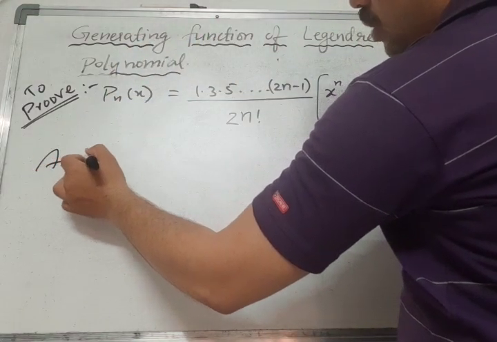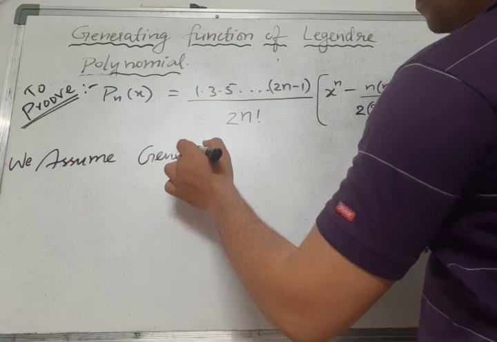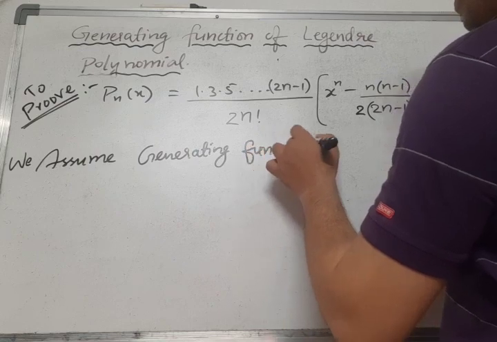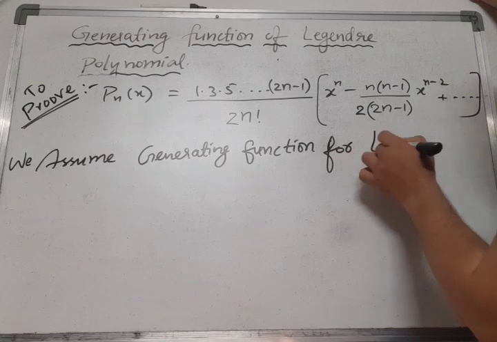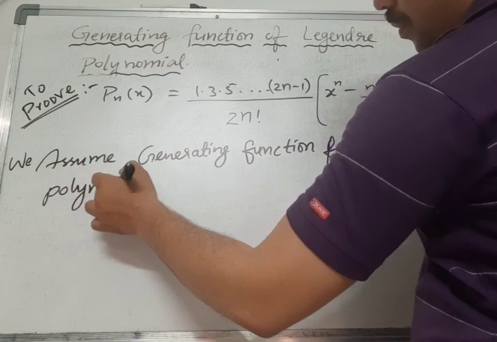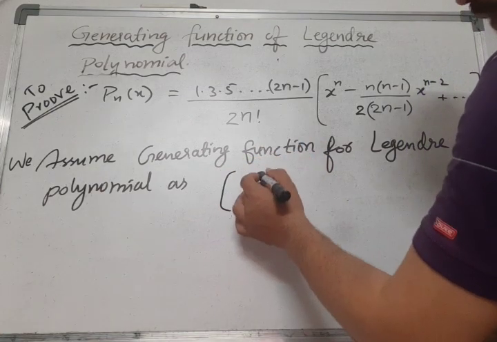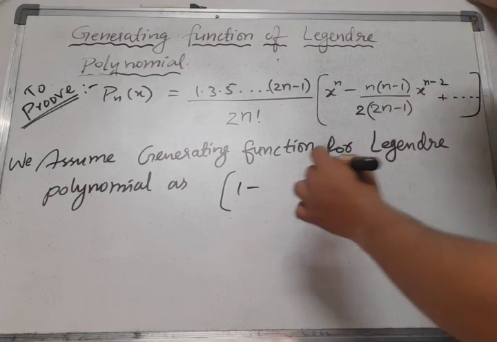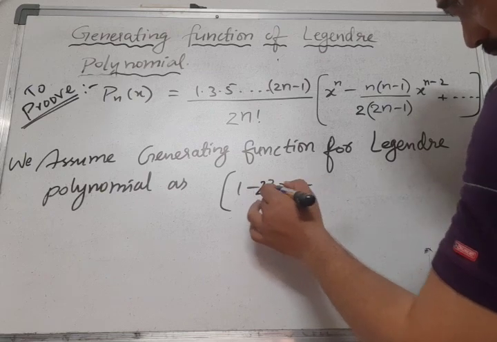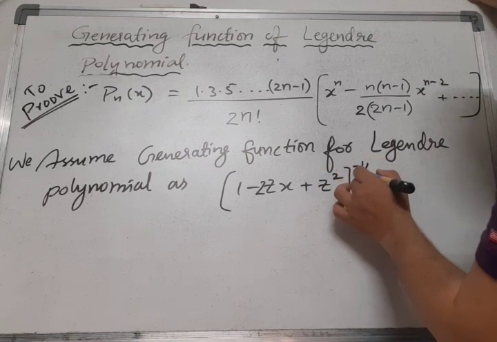First of all, we assume one function: 1 minus 2zx plus z square whole to the power of minus 1 by 2.